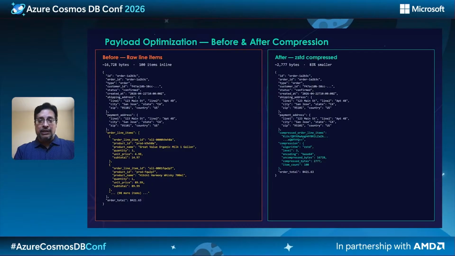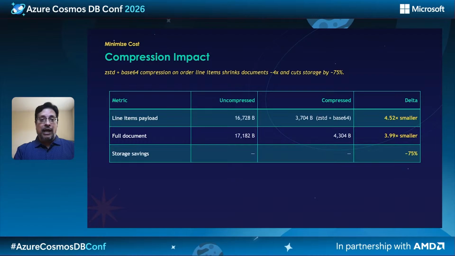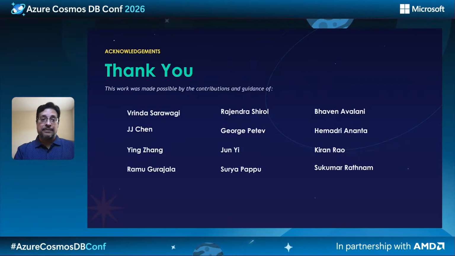I've also shown a property called compression, which has a bunch of metadata, but that is not needed. Assuming we kept that metadata, if we use Zstandard with its default compression level of 3, we can save 75% of space. And this will result in almost up to 75% in RU reduction.